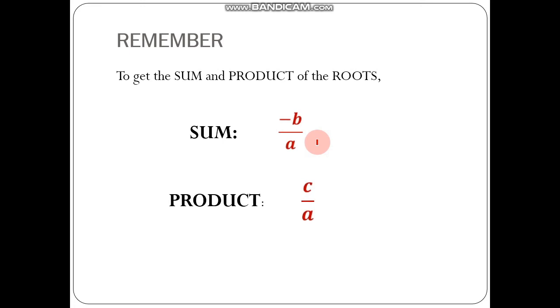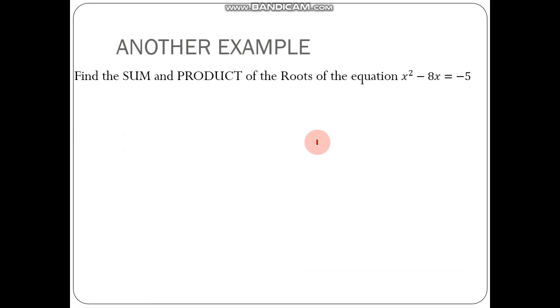So let's have an example. Find the sum and product of the roots of the equation x squared minus 8x is equal to negative 5. This given example is not in standard form, so we must transform this into standard form first. So it becomes x squared minus 8x plus 5 equals 0.